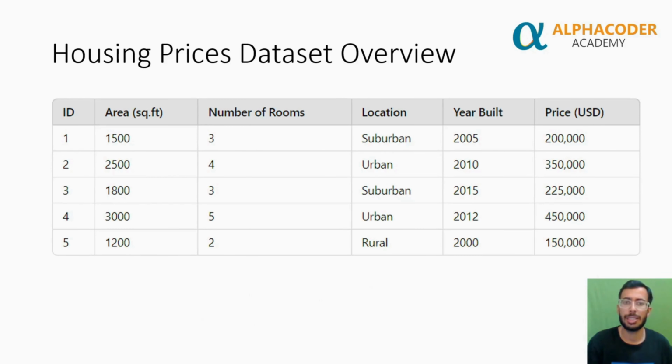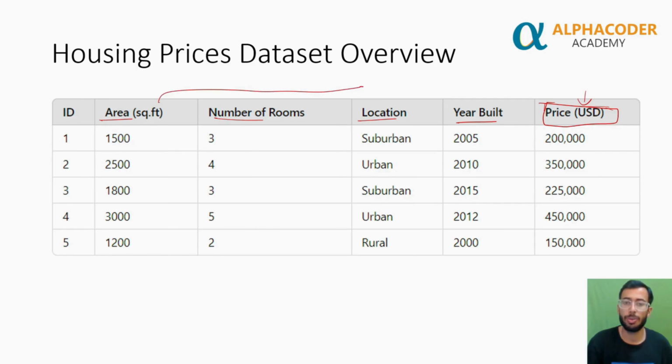So see, this is the data that we are going to work with, housing price data. Here we need to predict this particular feature, that is price. So basically the price feature depends upon these features: year built, location, number of rooms, and area.